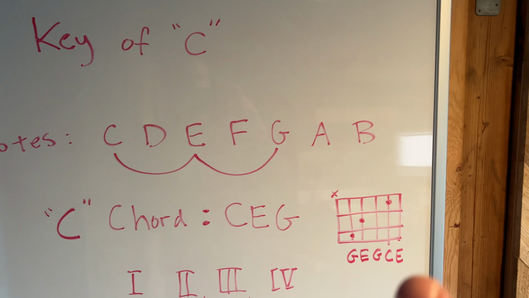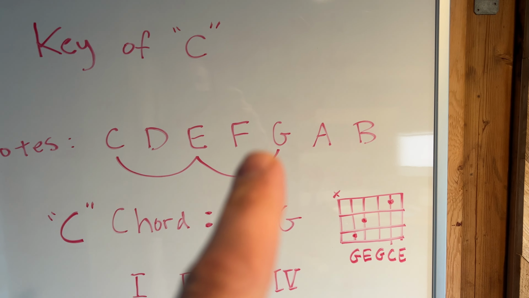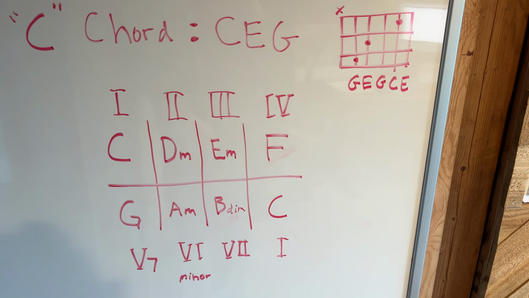B diminished is going to be B, D, F, and back to C.